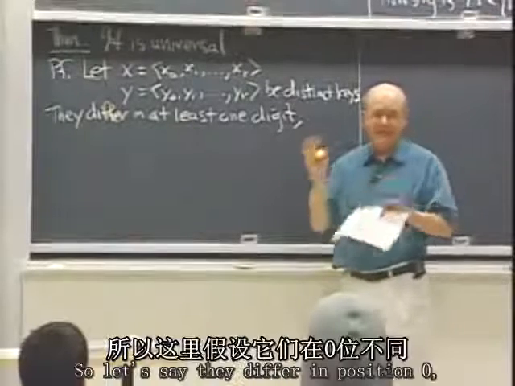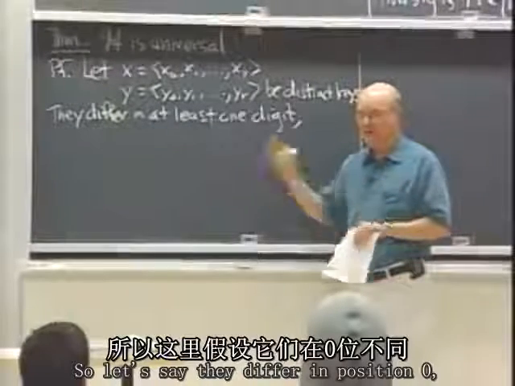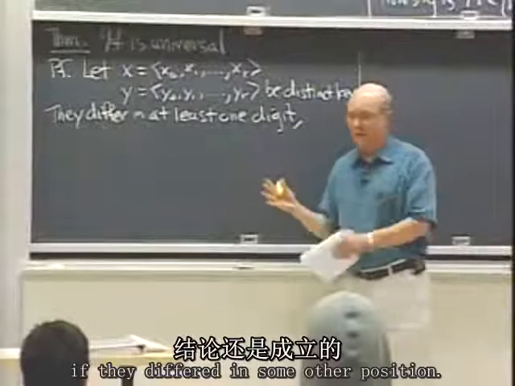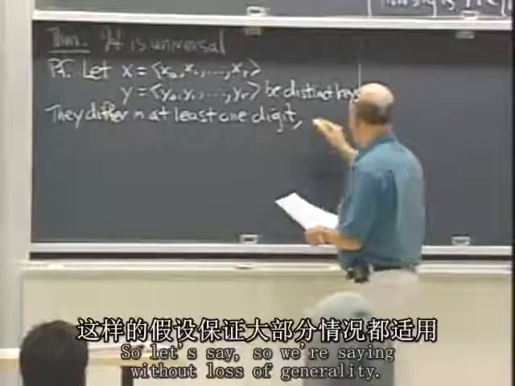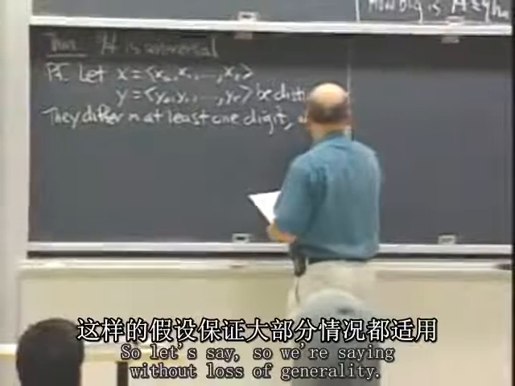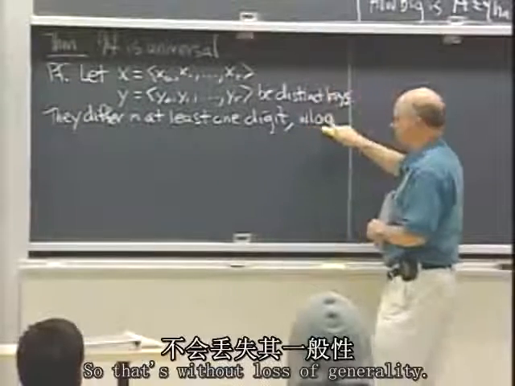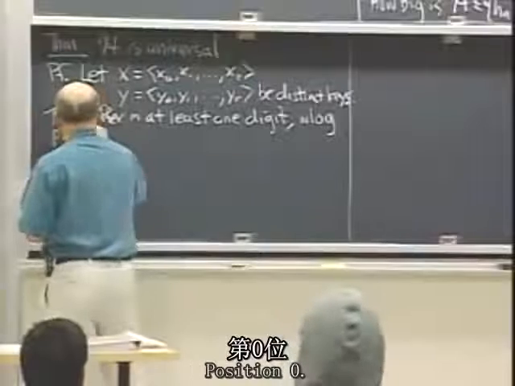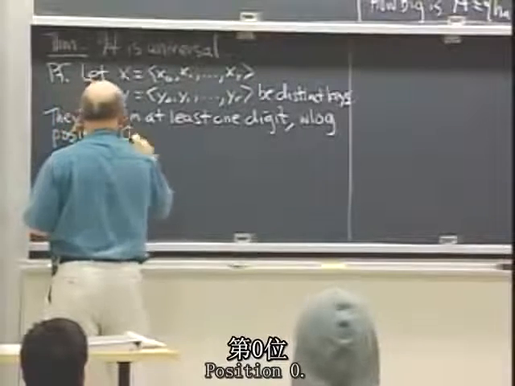So let's say they differ in position 0. But the same argument is going to be true if they differed in some other position. Okay? So we're saying without loss of generality, position 0, because all the positions are symmetric here.